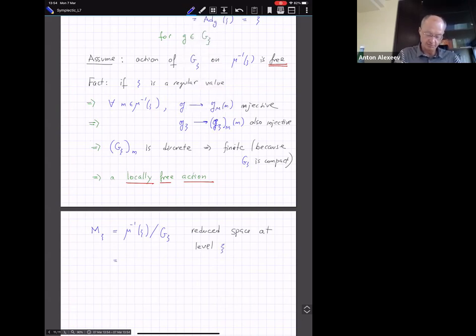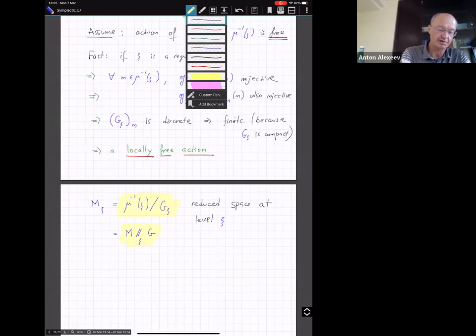Another notation is M slash psi G. This is simply for us a shorthand notation for the first line.